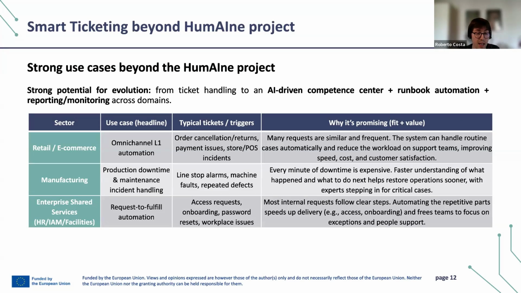Also manufacturing, concerning production, downtime, the shop floor, maintenance and incident handling, and all the other systems and services embedded within organizations. Let's think, for example, of HR, and operations within big companies and corporates, and across their clients.